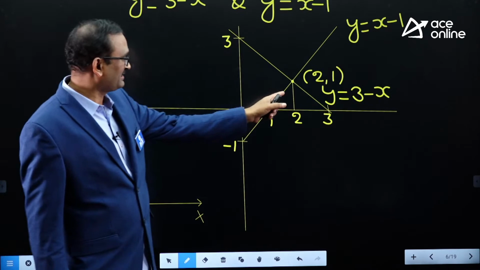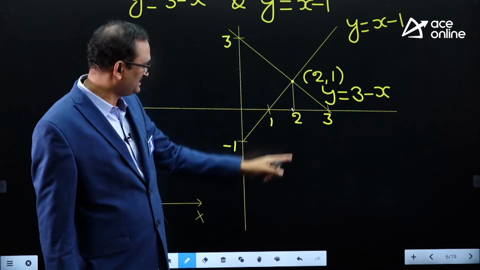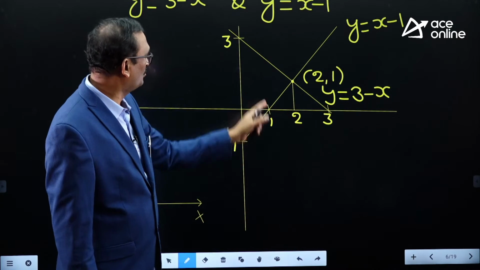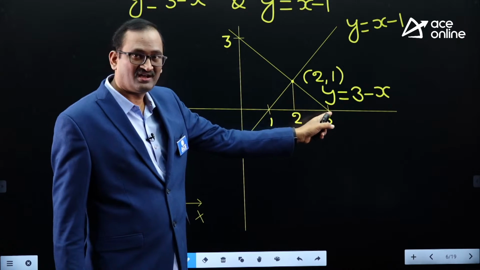This is the x equal to 2 line. In the region x less than 2, 3 minus x is the maximum value.